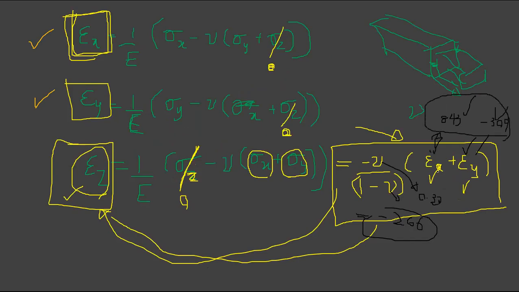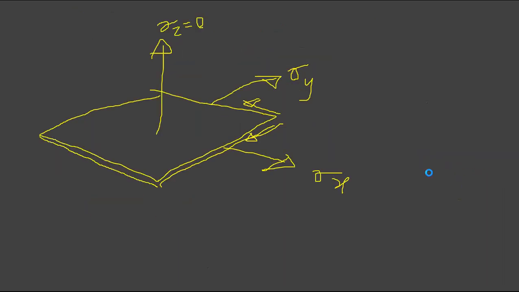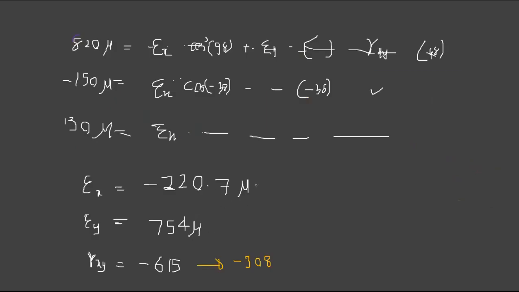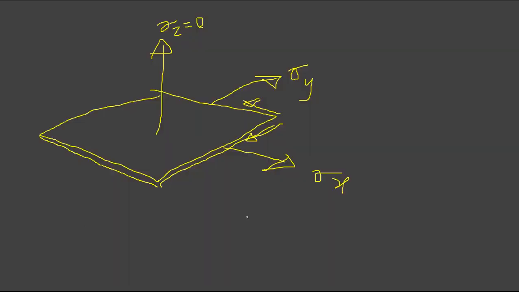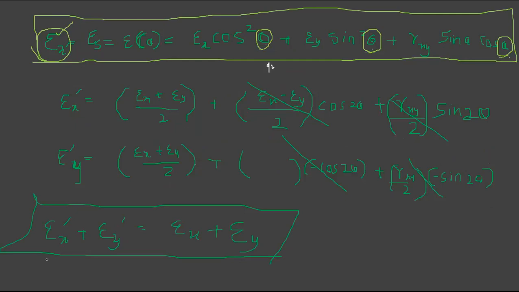See, these are the principal strains, epsilon dash. What are x and y? But we have a principle: the sum of normal strains remains constant regardless of the rotation, right?